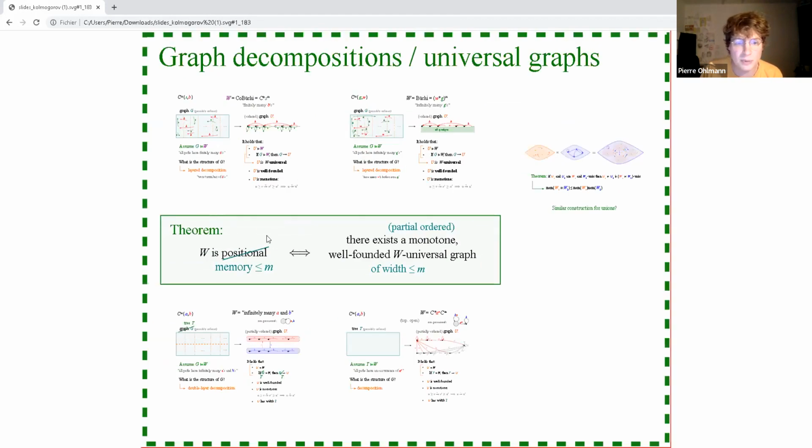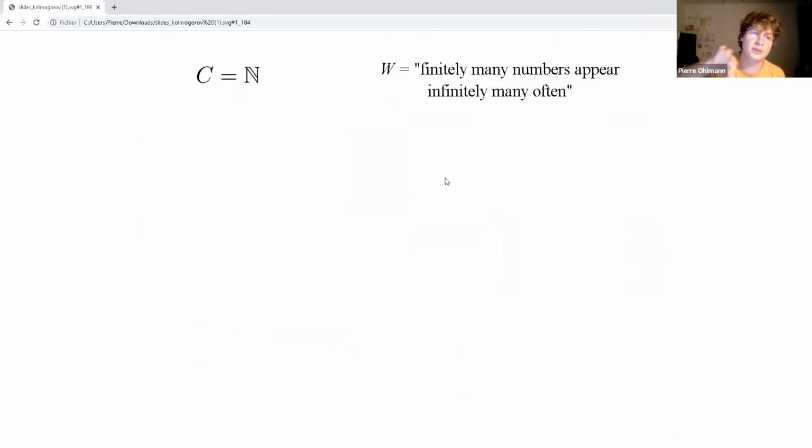So in this example we've used mainly the right to left direction: that if I can come up with a construction, then I obtain positionality. And now we're going to use the other direction.